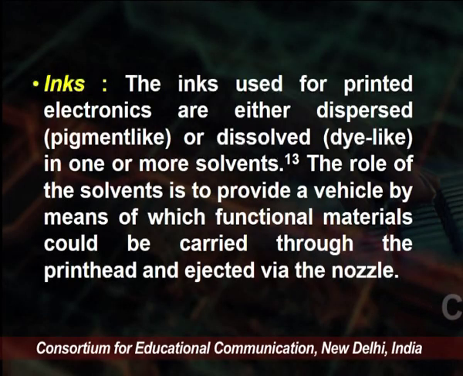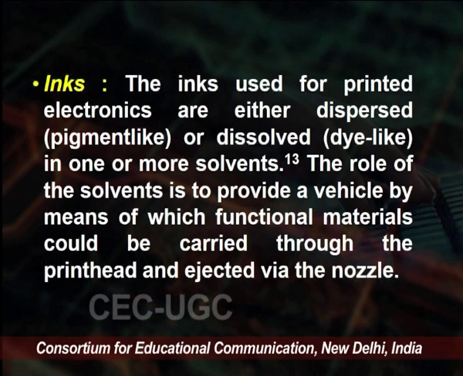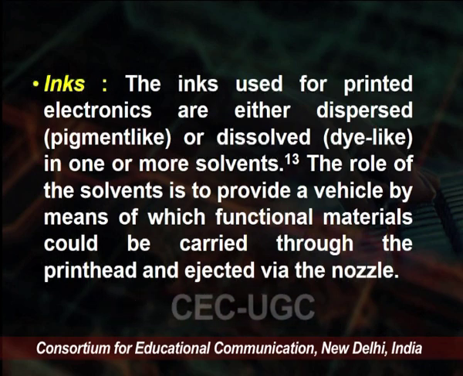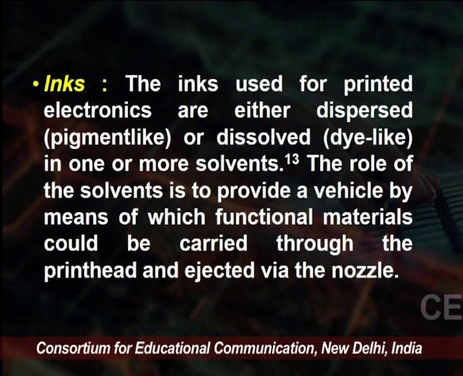Another is the ink. The inks used for printed electronics are either dispersed or dissolved in one or more solvents. The role of the solvent is to provide a vehicle by means of which the functional material can be carried and ejected via the nozzle.